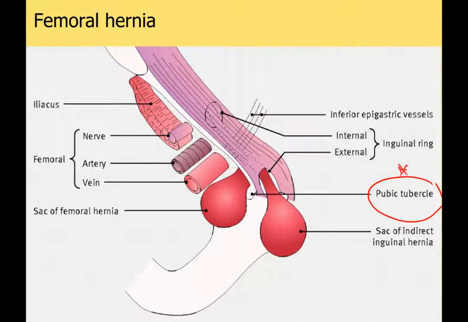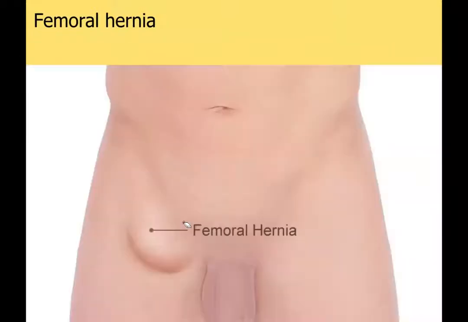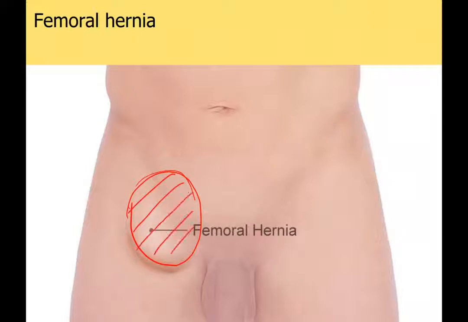The other thing is that the fascia lata is attached to that area. The hernial sac lies deep to the fascia lata, which is a thick fascia. So here it lies deep to the fascia lata, but if it gets enlarged, it can expand into that area over the inguinal ligament, pushing the fascia lata with the content, which can confuse a femoral hernia with an inguinal hernia.